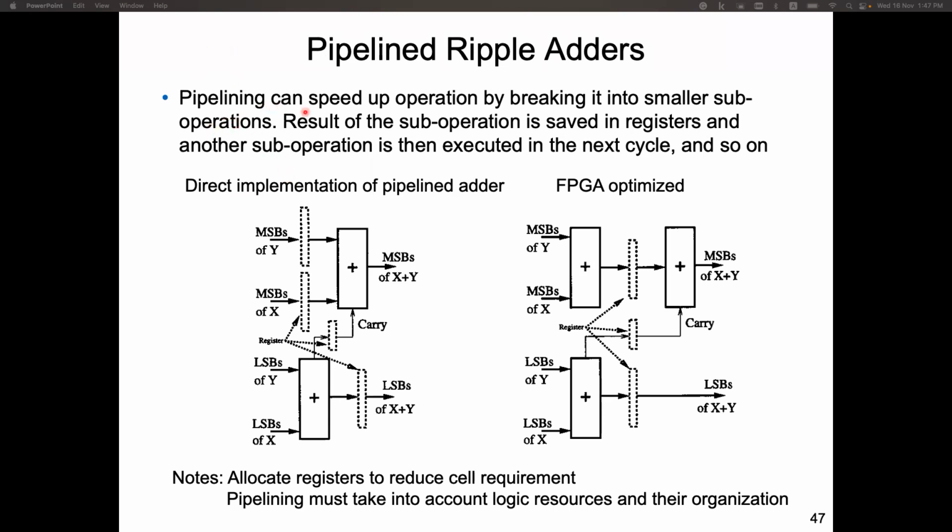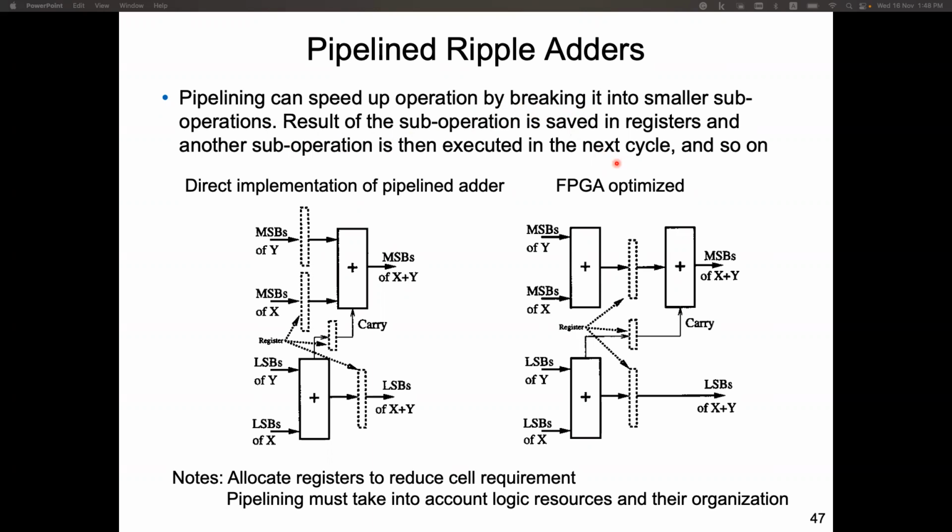So pipelining can be used to speed up the throughput of the operation by breaking the whole operation into smaller sub-operations. The results of a sub-operation are saved in registers, and another sub-operation is then executed in the next clock cycle.